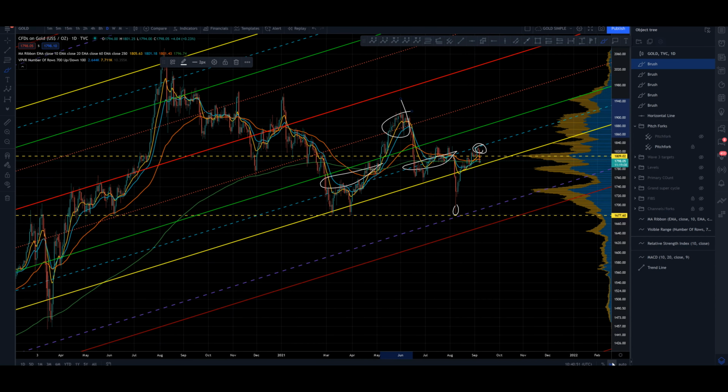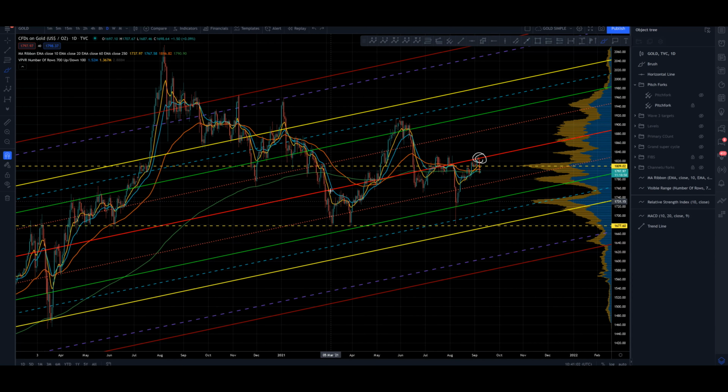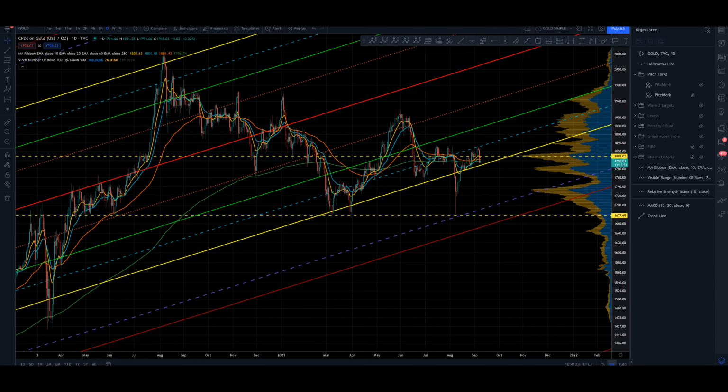Let's see if this fits any nicer in log scale. It's got 50. We're hanging around the 50 from the median line here in log scale. I'm not sure which I prefer the look of. Let me just have a look. 6180 support here, 6180 support here, 6180 support here.